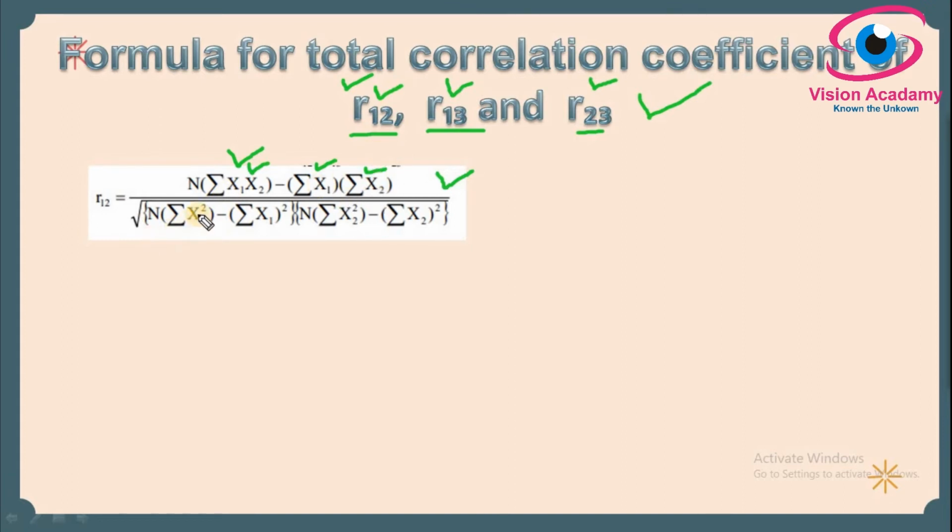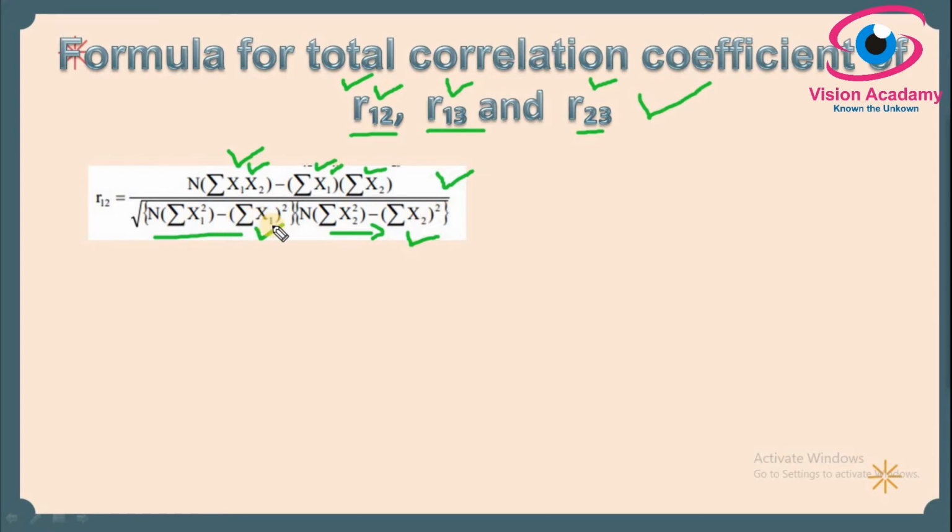So for that we need to multiply x1 and x2, and take summation x1 separately and summation x2 separately. In the denominator, we square the x1 values and take the summation, minus summation x1 whole square. The same formula is repeated for x2: n summation x2 square minus summation x2 whole square.